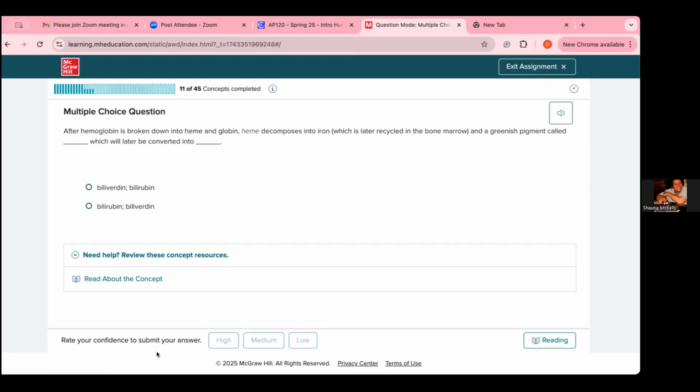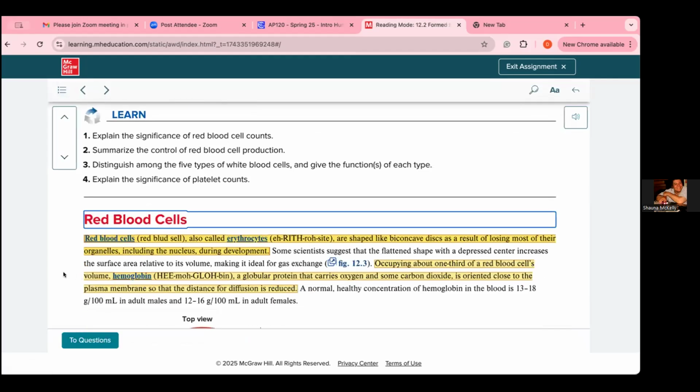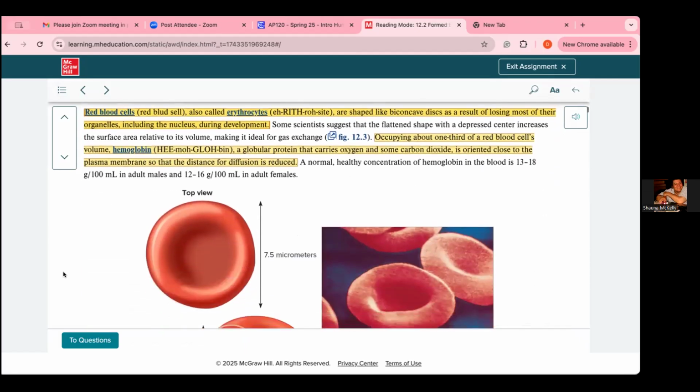We'll have to read it and see. I don't remember. Heme and globin. After hemoglobin is broken down. Okay, keep going.